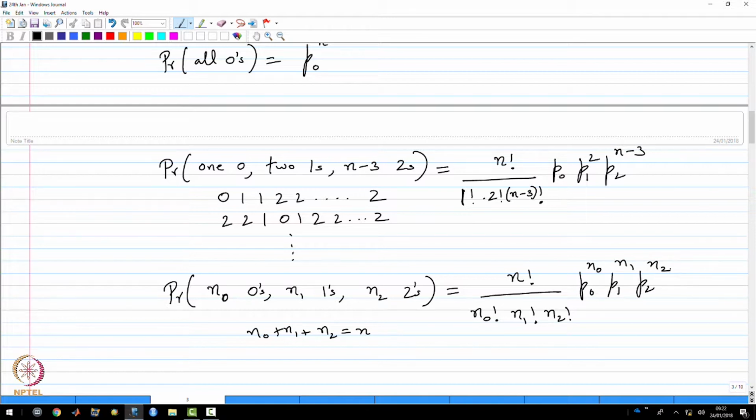So we had before, when you have n tosses and you ask what is the probability of k ones, you write n factorial by k factorial into n minus k factorial times p power k, 1 minus p power n minus k. This is a generalization of that fact. Remember, n2 is n minus n0 minus n1, and similarly p2 is also 1 minus p0 minus p1, right? So remember that.